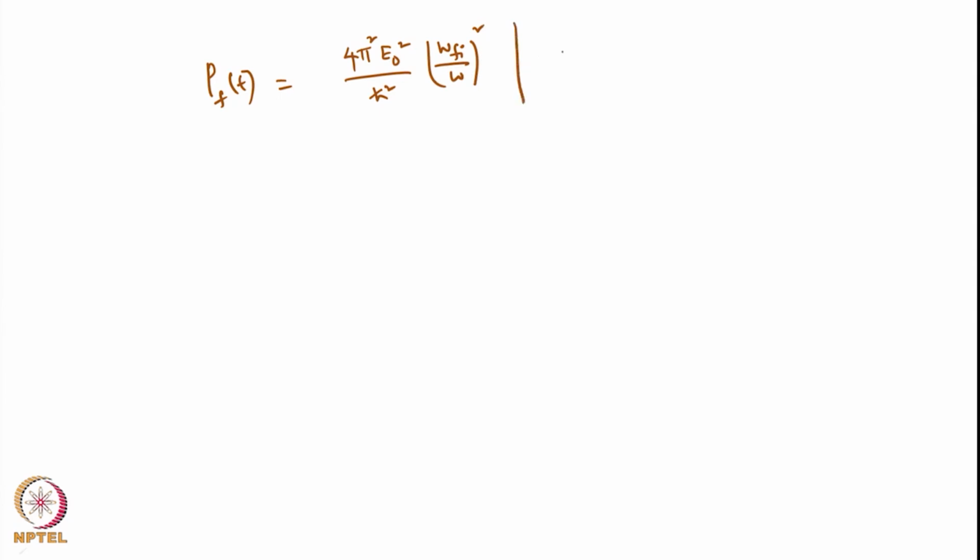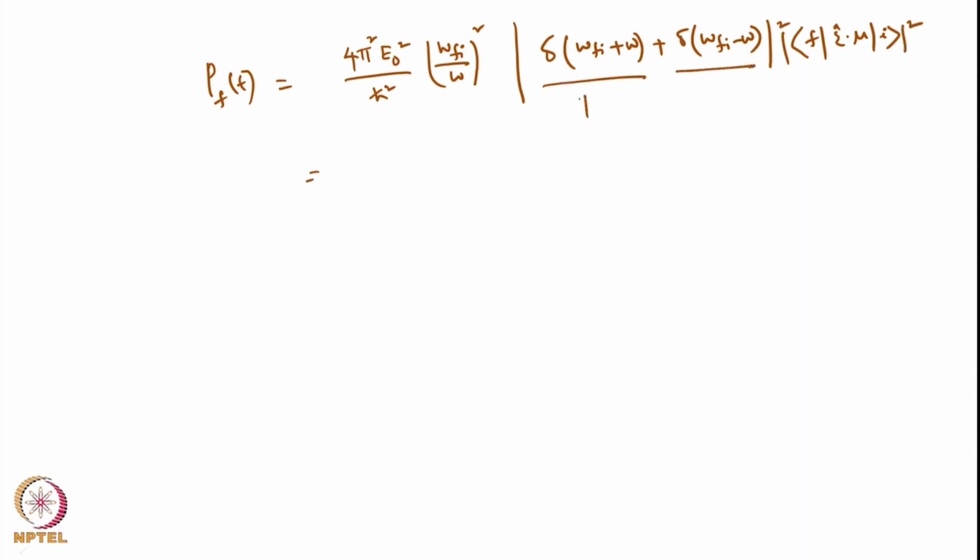Now there are two terms, let me write down: delta(omega Fi plus omega) plus delta(omega Fi minus omega), whole square, integral f epsilon dot mu I, whole square. Now you look at, there are two terms, this one and this. So I told you this is nothing but stimulated emission and this is nothing but absorption.